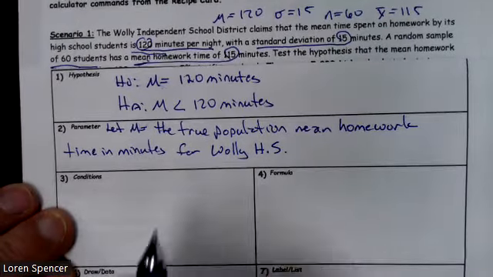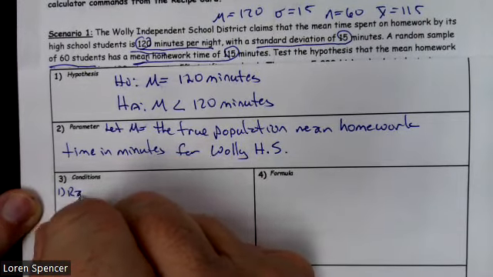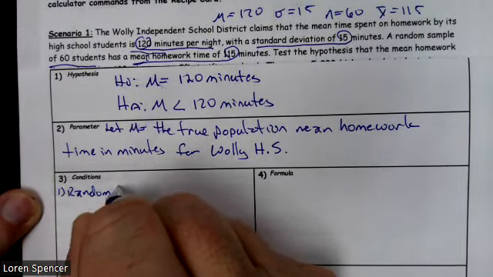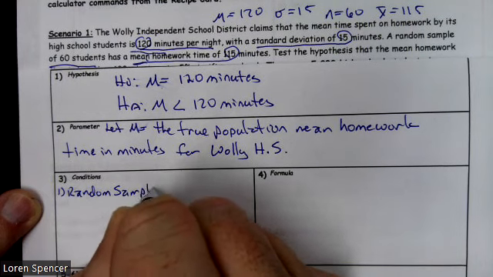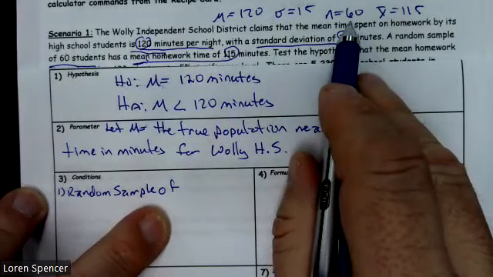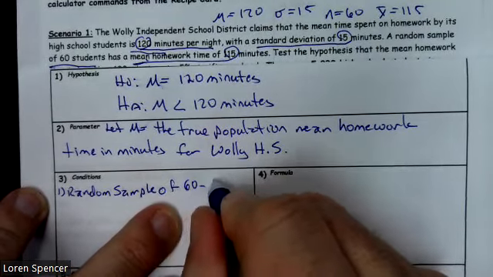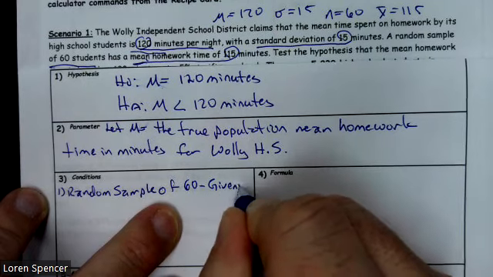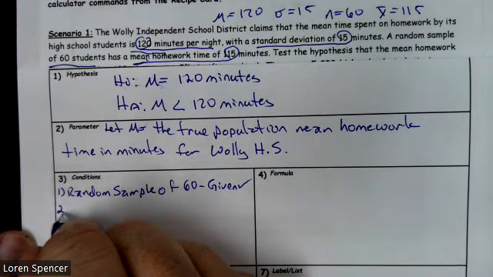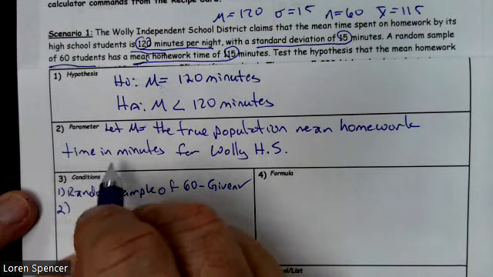All right, conditions. Random sample. Well, they told us it was a random sample. And it was a random sample of 60. And that was given. Number two, n is less than 10%.